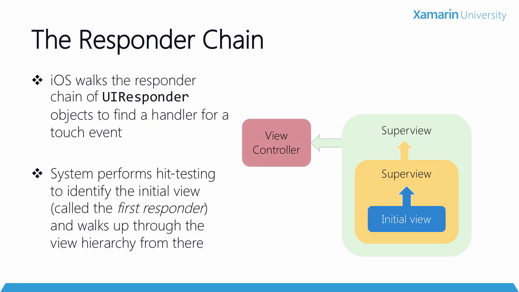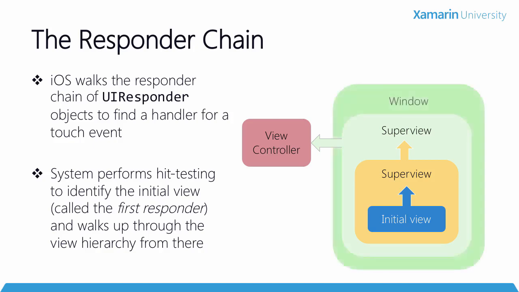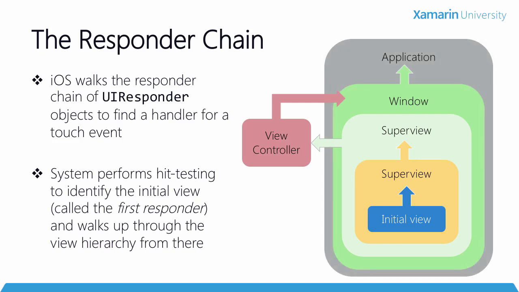The view controller, like the views, will attempt to handle the event, and if it doesn't, it passes the event on to the window. Now, if the window can't handle the event, it will then be passed on to the singleton app object. And finally, if that doesn't handle the event, then the event is simply discarded.